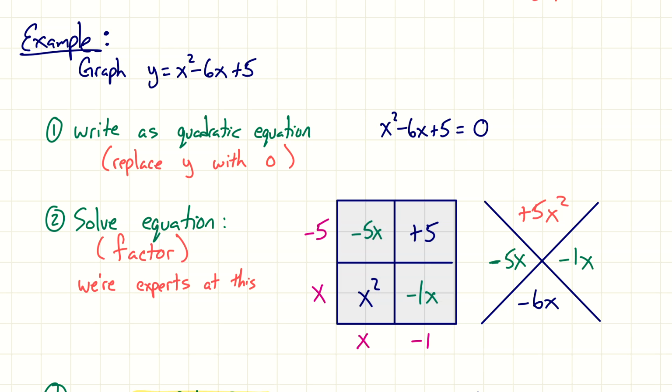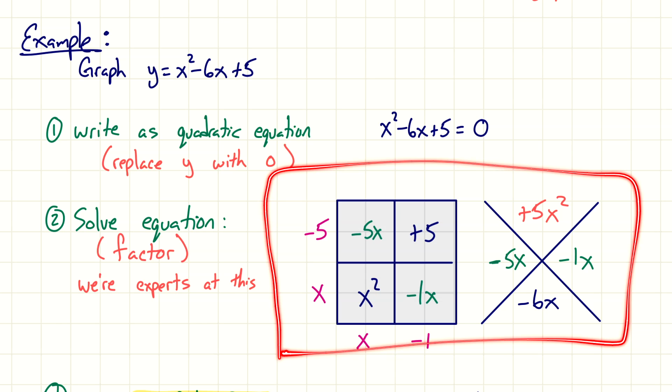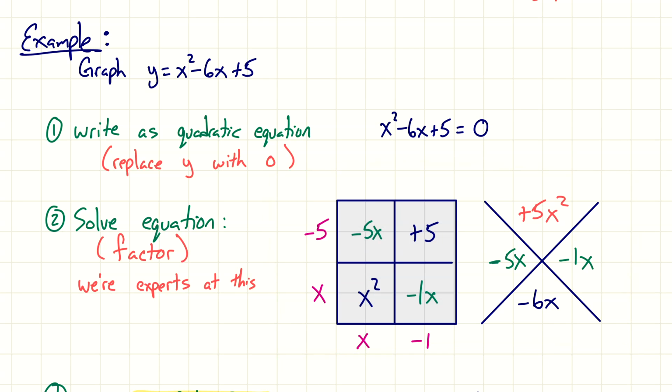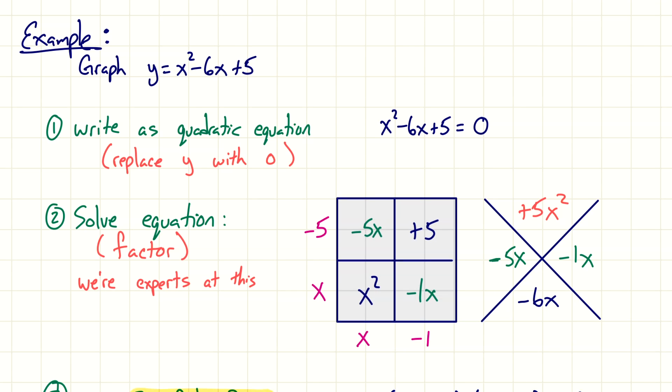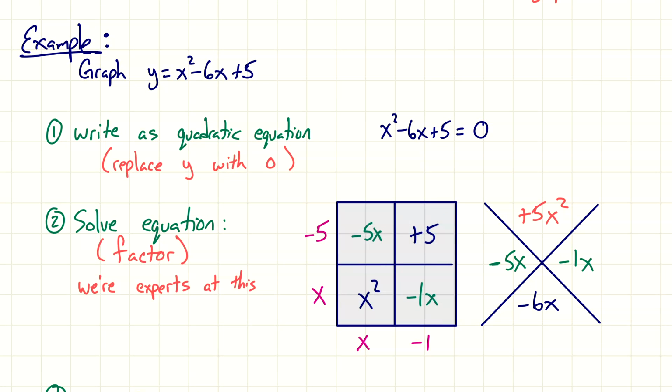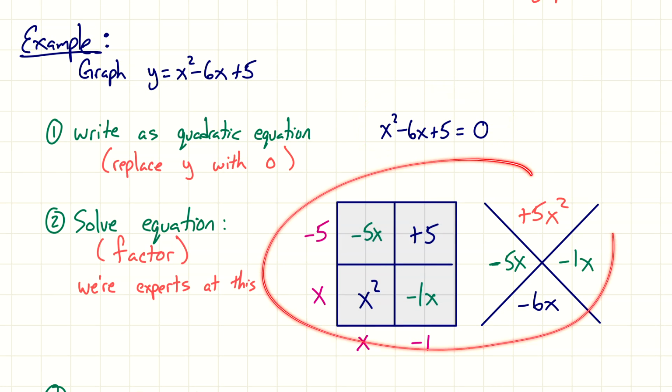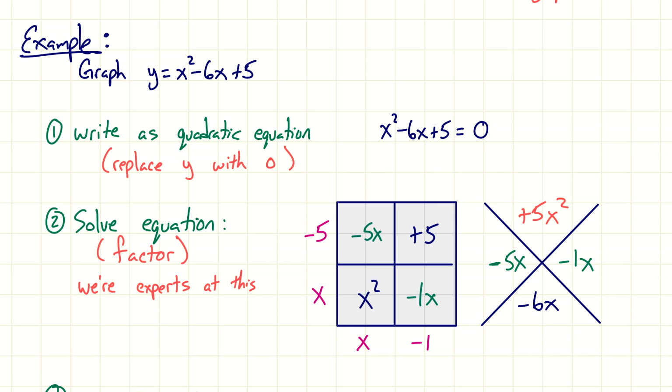And what we usually do with that is we factor. Right? So this is where all our factoring skills come in. All right, so I've already worked that out for us. At some point, some of you might be able to do this without the area model. It might be something easy enough where you could do this in your head.